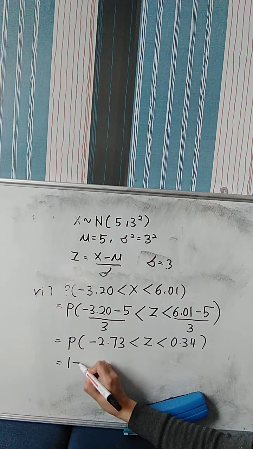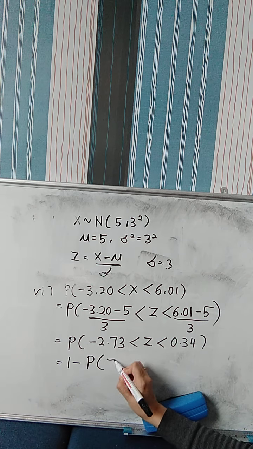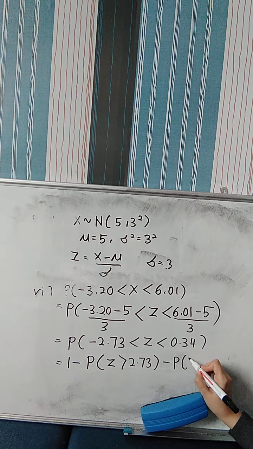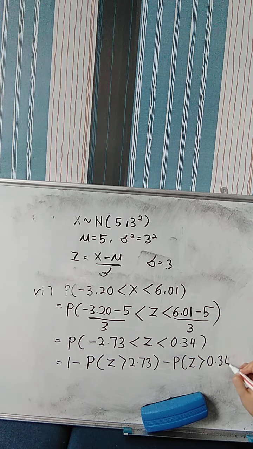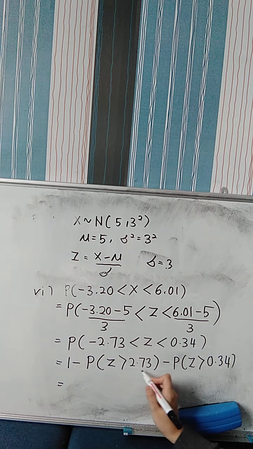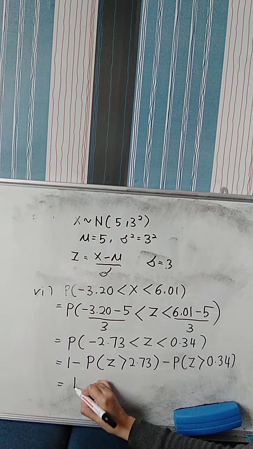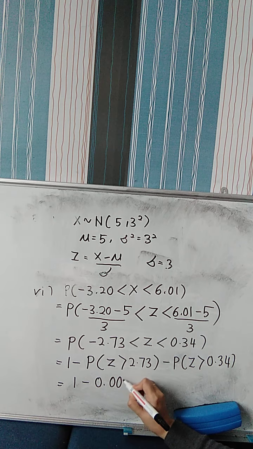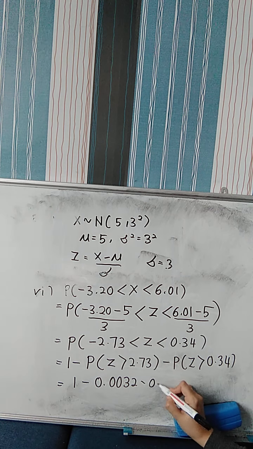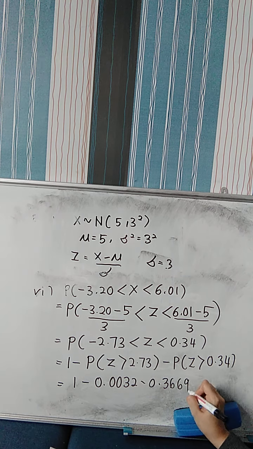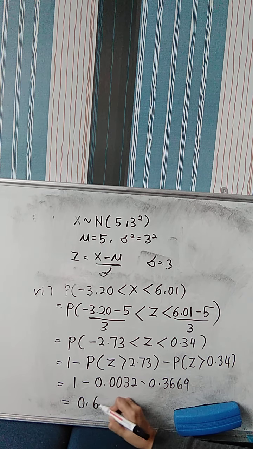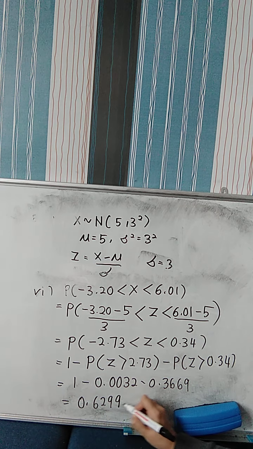So how to solve? 1 minus, on your left is 2.73, on your right is 0.34. Okay, so 1 minus 2.73 from the table is 0.0032 and 0.34 from the table is 0.3669. Okay, so the final answer is 0.6299.